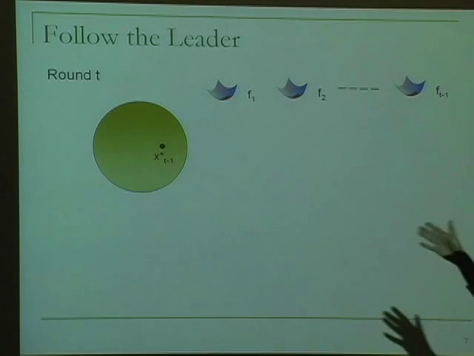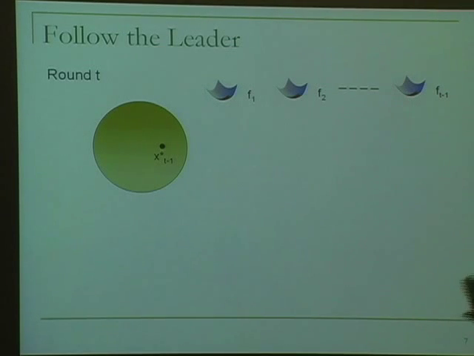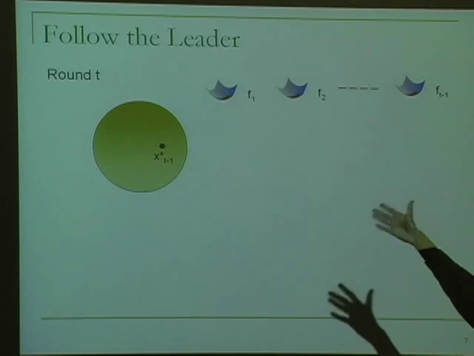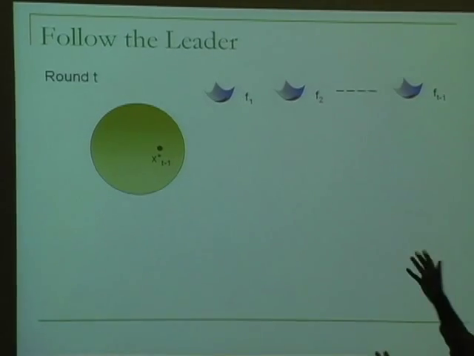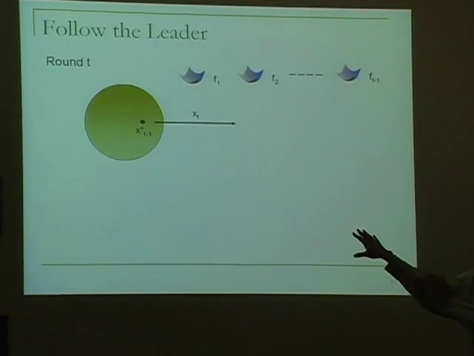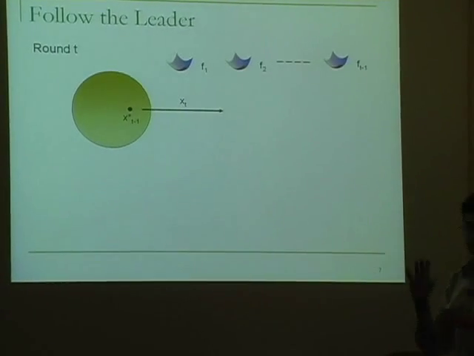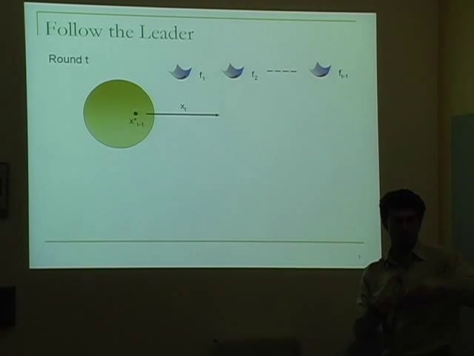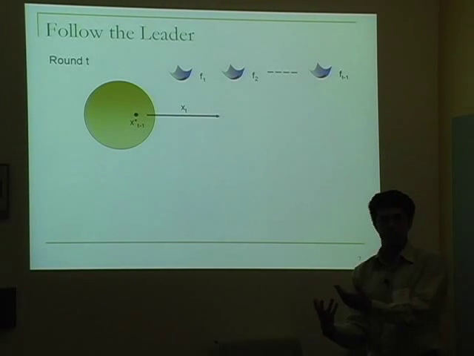Since you know these functions, you can compute that. In the case of portfolio management, these are all convex functions, so it usually ends up computing some sort of convex program. And you just output this as x_t. So you just find the leader for whatever you've seen so far and play that in the next round.